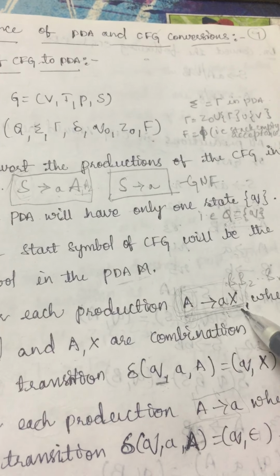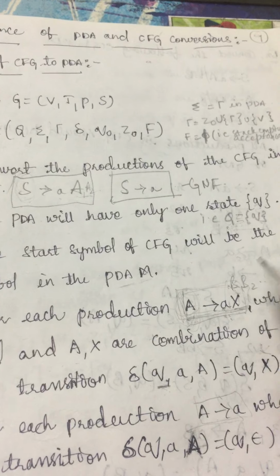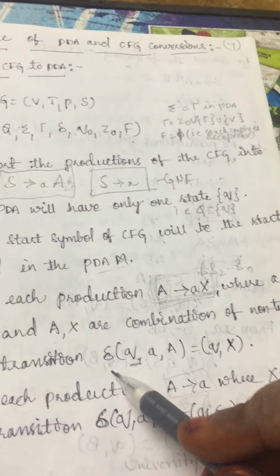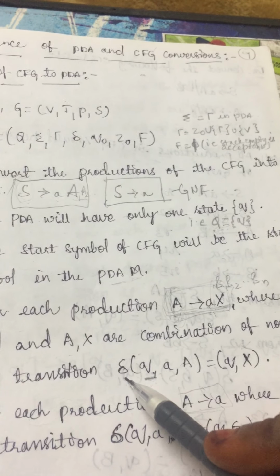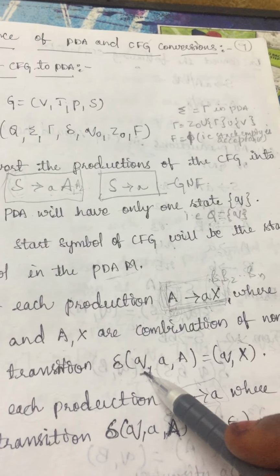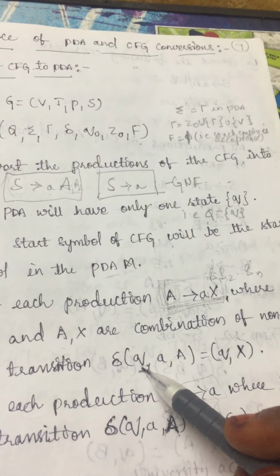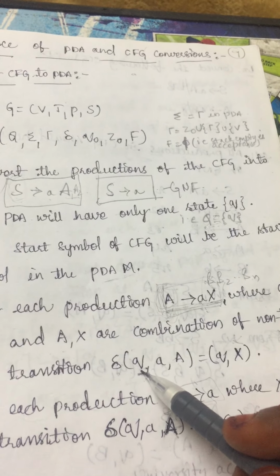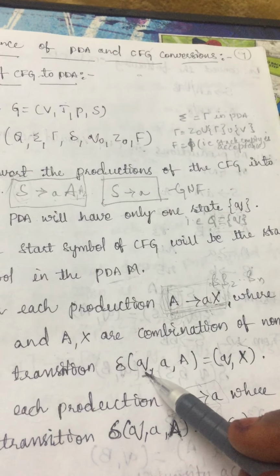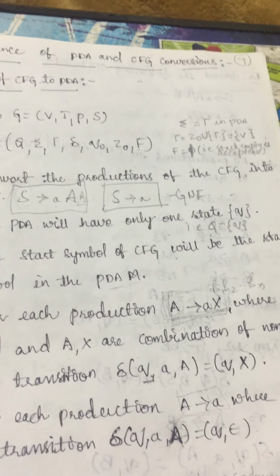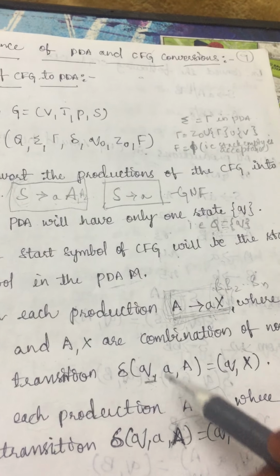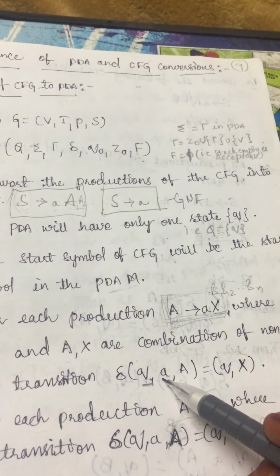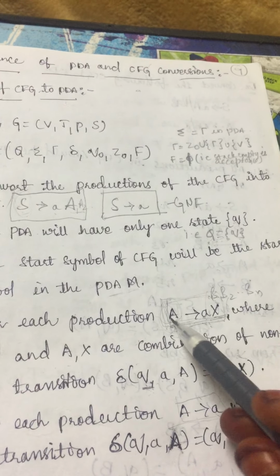So if the production is of this format, then what is the transition we have to write? The transition could be written as delta of Q. First we have to write the state of the PDA. As I already told you, the number of states which we consider in the conversion of CFG to PDA is only one state. So that state has to be written in this transition. So delta of Q comma, what is the terminal symbol in the production?